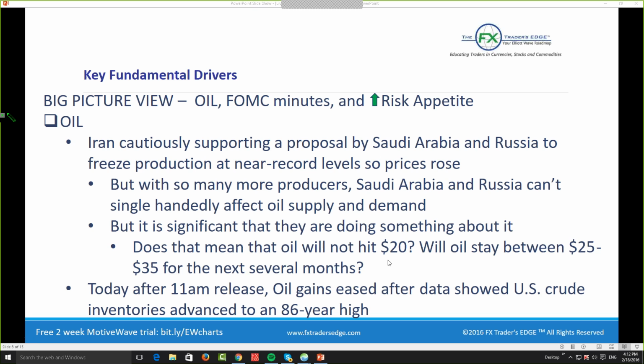Okay, and then today, of course, after the 11 a.m. release, oil gains eased after data showed U.S. crude inventories advanced to an 86-year high. So oil sold off a little bit.